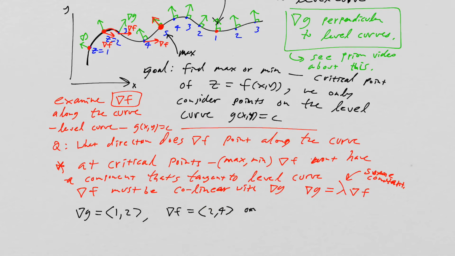Or another one that could happen is grad F is equal to (-3, -6), okay? So in this particular case, lambda would be equal to 2, and in this one, lambda would be equal to -3. Again, these are just examples to give you an idea.